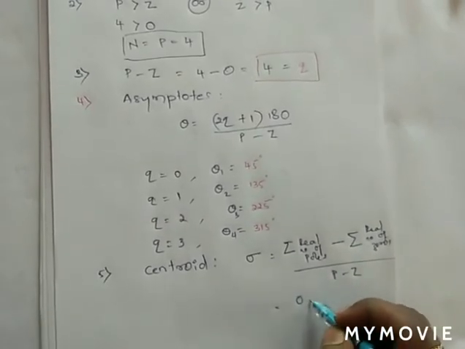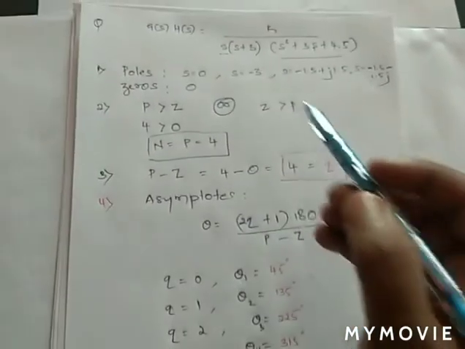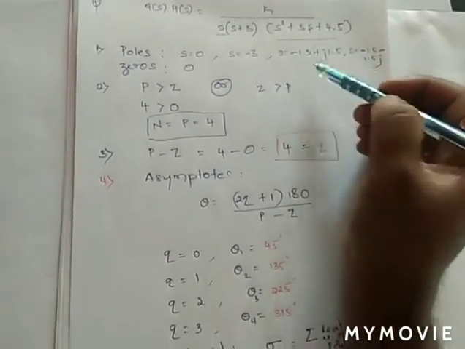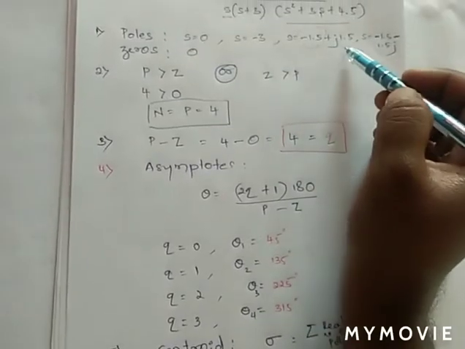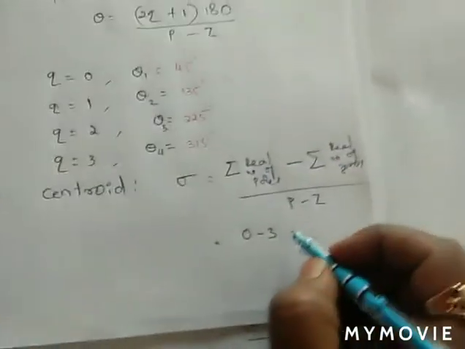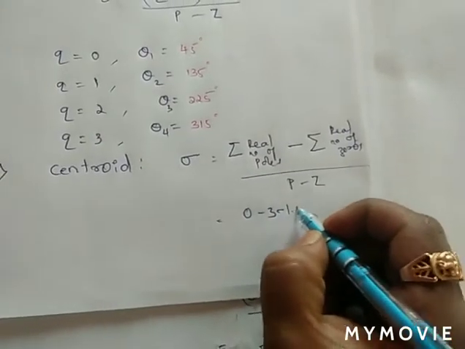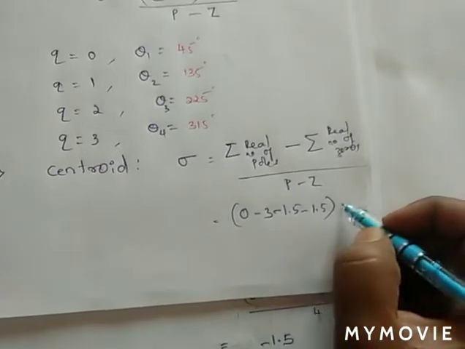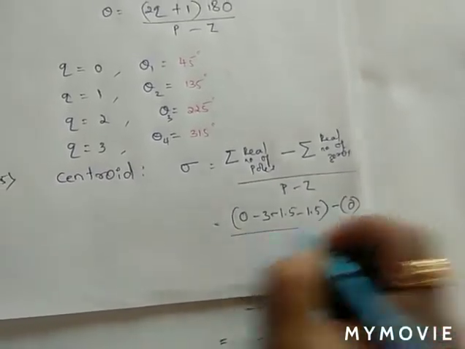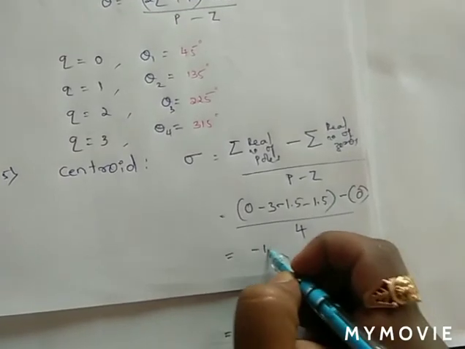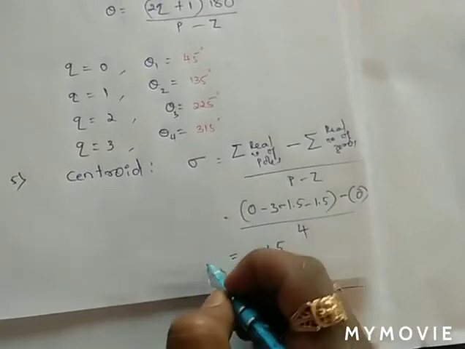So 0 minus 3, you can see here 0 minus 3. So consider real numbers. For this pole real number is minus 1.5, j is imaginary. Here also minus 1.5. So minus 1.5 minus 1.5, 2 times, as we are having 2 poles, minus there is no 0, p minus z is 4. So you will get minus 1.5.